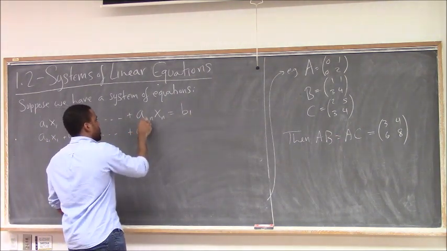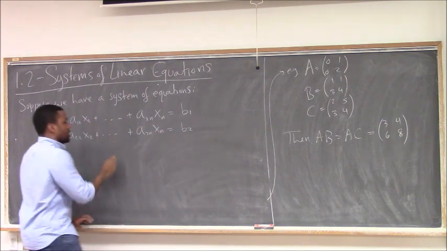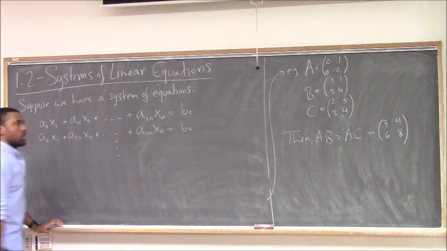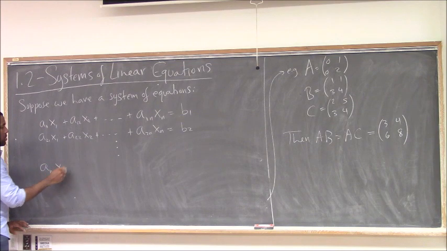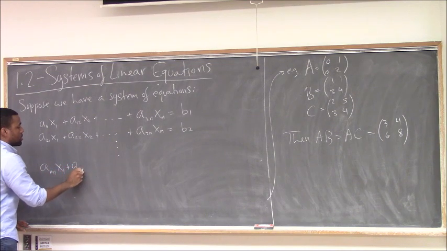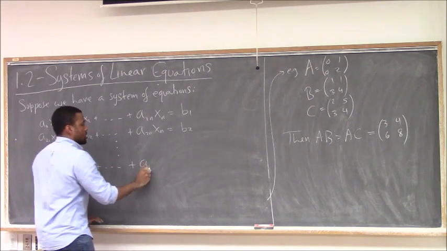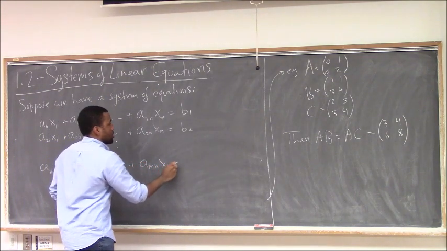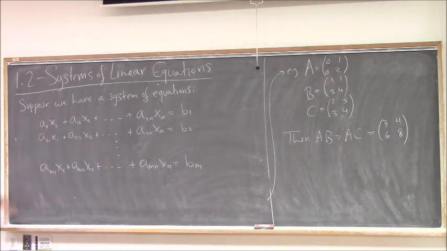This one equals b2. The list goes on for a while, but eventually, let's say I end up with m equations. So this is a list of linear equations in a bunch of variables.